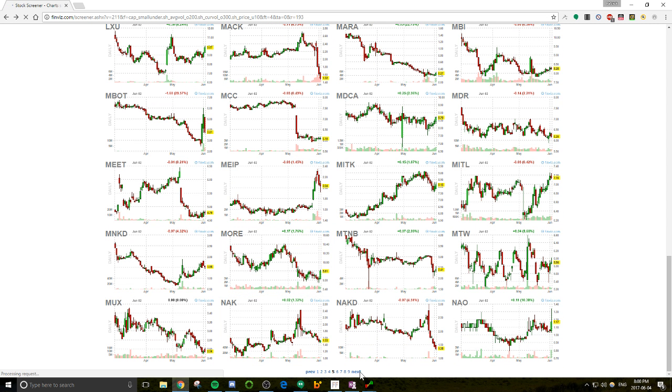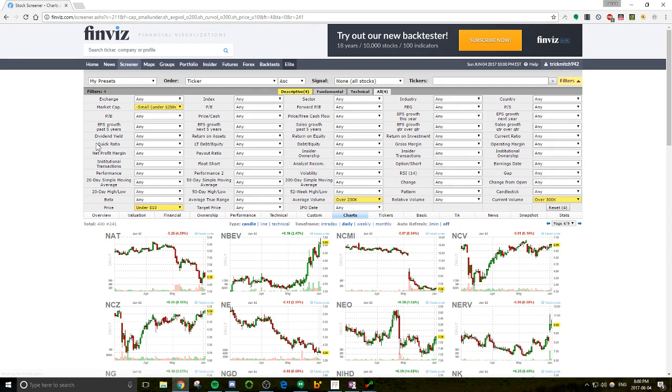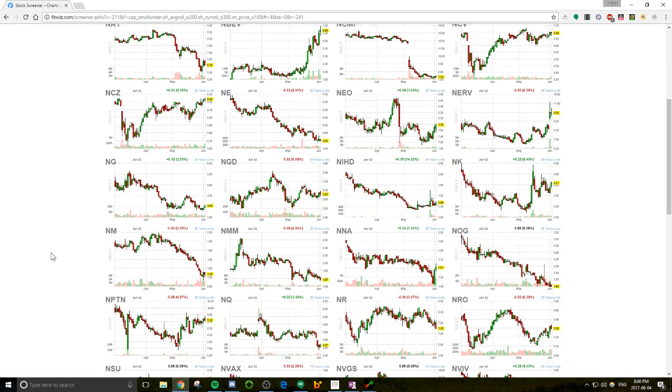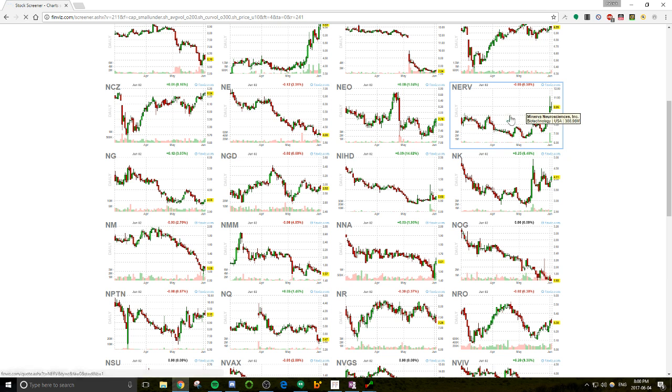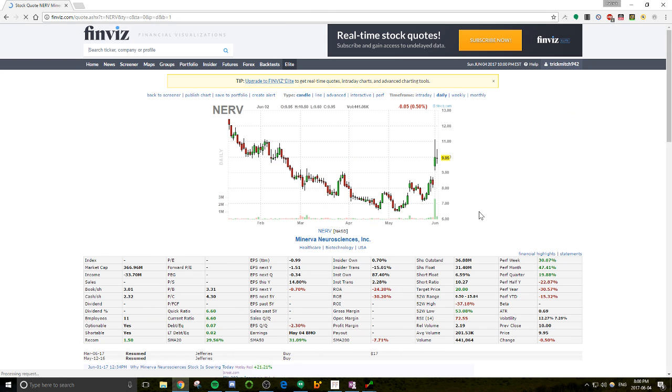So we'll go through one more page here, and then I'm pretty sure everyone kind of gets the idea and what to look for and to use the settings. Nerve. I played this, actually Mo and I both played this short on Friday, but it ended up not agreeing with us.